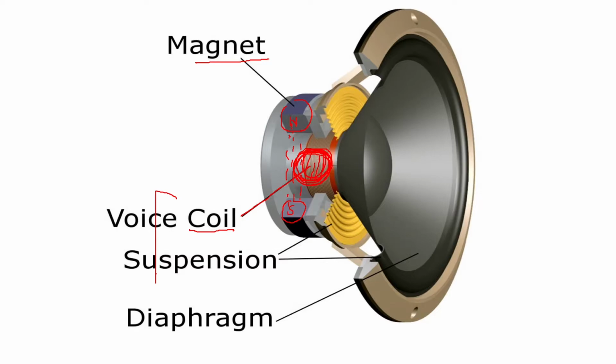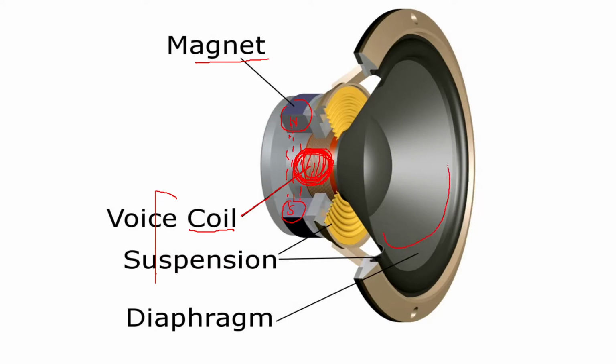That varying electromagnetic field will interact with the permanent magnetic field, and the coil starts aligning itself according to the polarities, that is the north-south points. In that alignment, the coil gives a freedom of vibration, and that vibration is connected to a diaphragm.